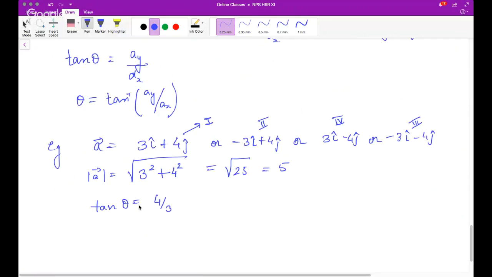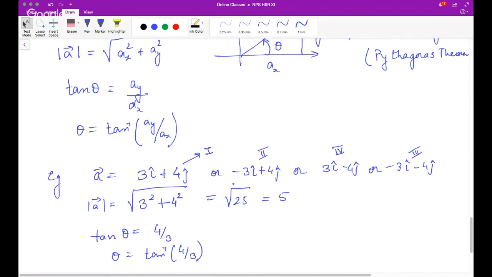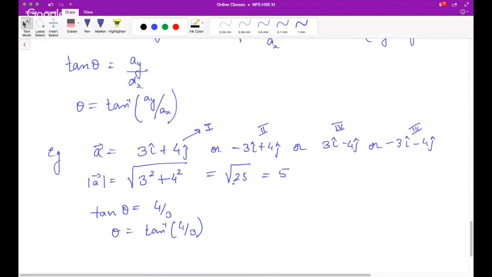So tan theta is 4/3, so theta is equal to tan inverse of 4/3. This is how you find out the angle and the magnitude.